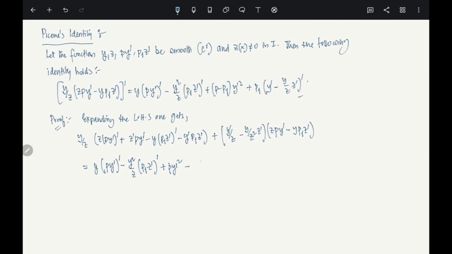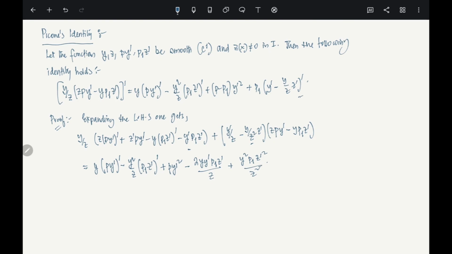Minus this part, so 2 y prime p1 z prime by z, that part is there, plus another part by z square, so y square p1 z prime square by z square, that's what we have. Okay, yeah, this is fine.